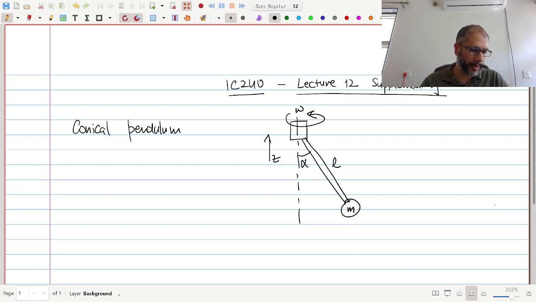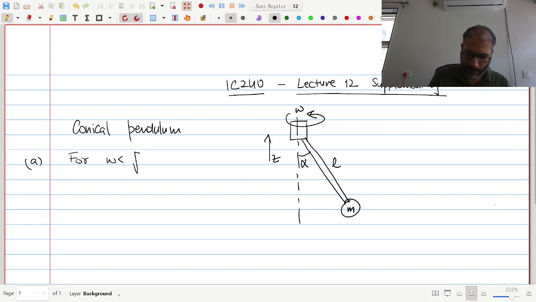So we found out that for very small omega values, it will not have any alpha. So for part A, we found that if omega was less than square root g by L, then alpha was equal to 0.